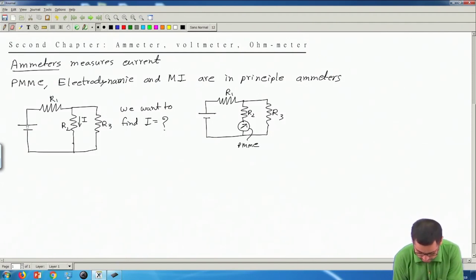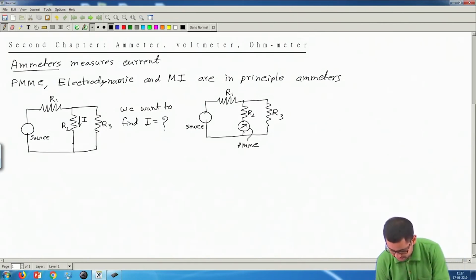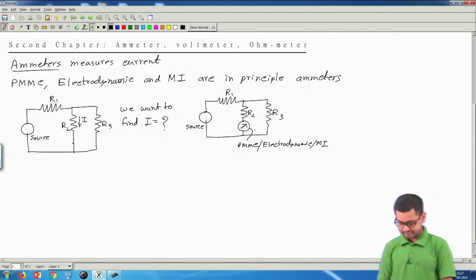Right now let me just put a source without mentioning exactly what type of source it is. So, we have to insert this meter in this branch in series.